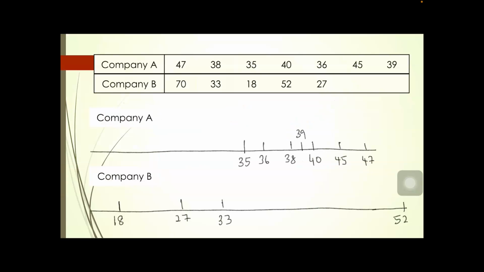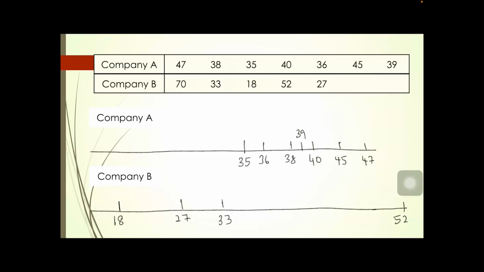What is measure of dispersion? If you rely only on measures of central tendency, which are mode, mean, and median, they will not give you the whole picture of the distribution of a data set.